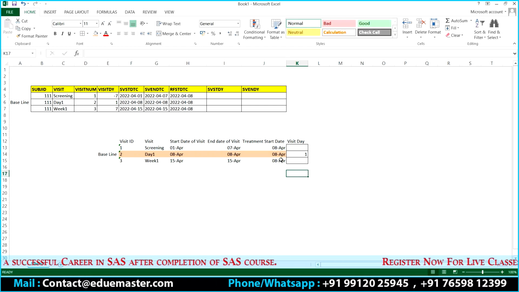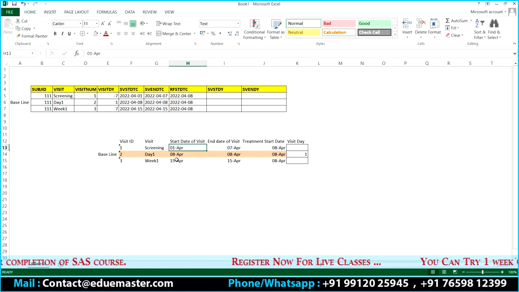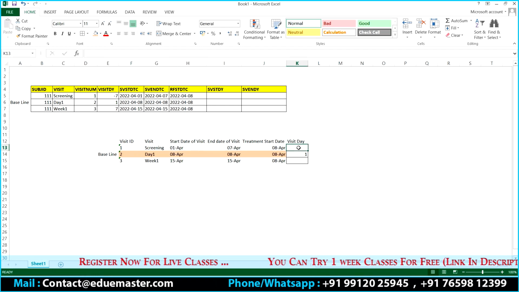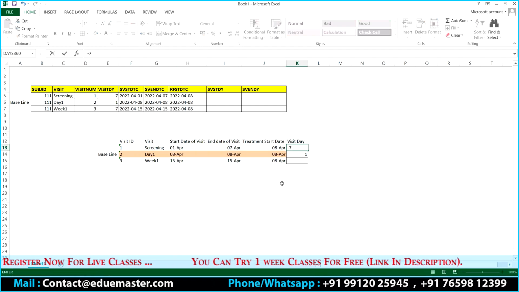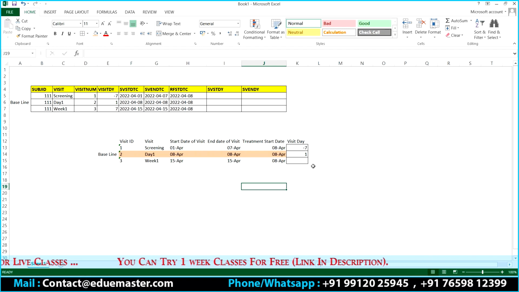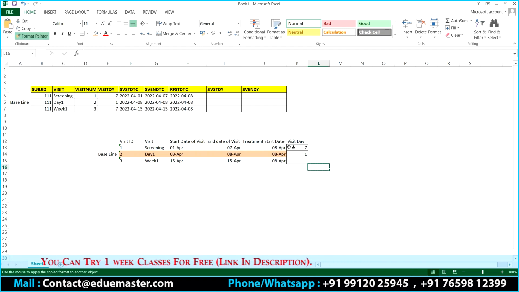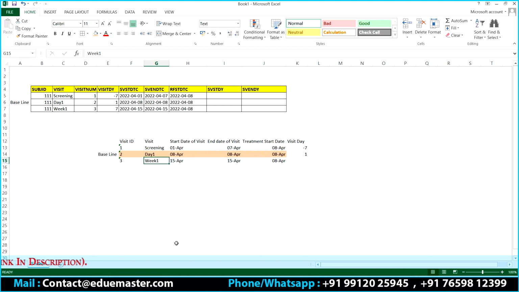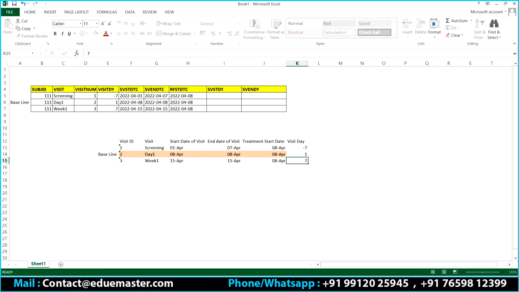Now, screening happened 7 days prior to it, correct? Treatment happened on 8th April, but screening ended on 7th April. So my visit day is going to be 7 days before. Am I correct? So minus 7. When the first follow-up happened, this happened 1 week after your treatment day, so this is plus 7.